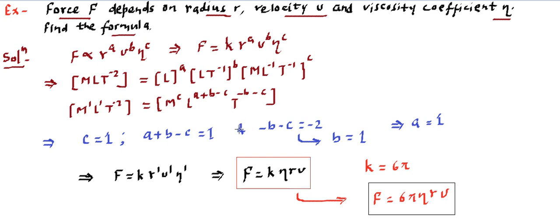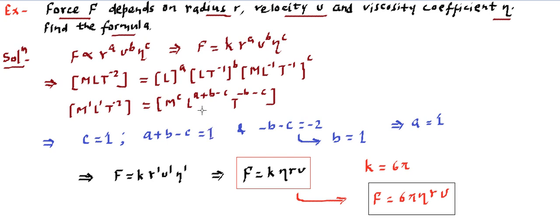That's a straightforward method. In each and every relationship where we need to find a relationship, we write that relationship starting with powers and then write the dimensions on both sides, simplify these equations and come to the result. If you're comfortable with this approach that we have discussed over here, then that's sufficient.